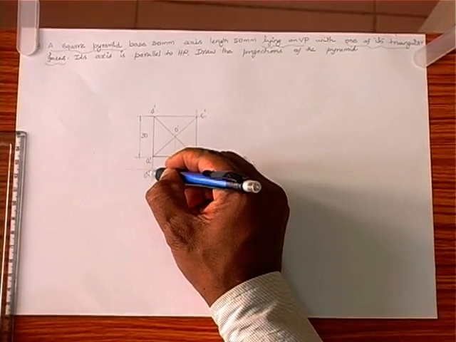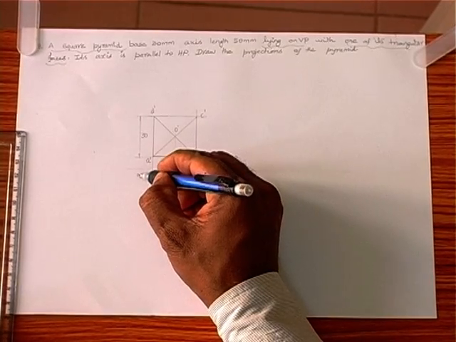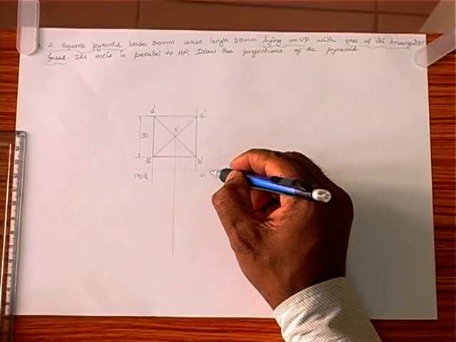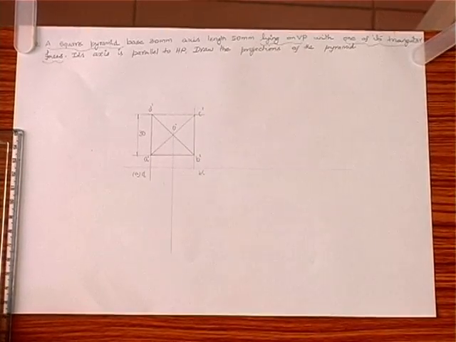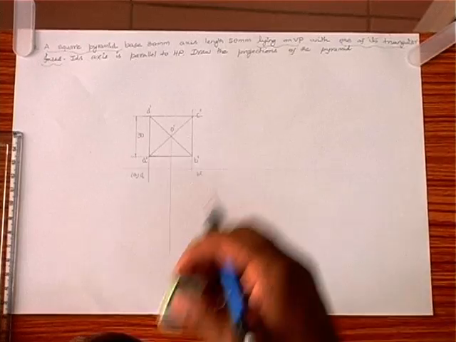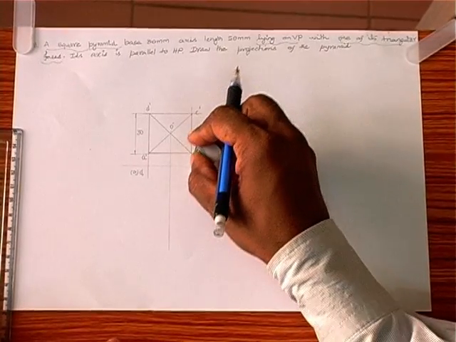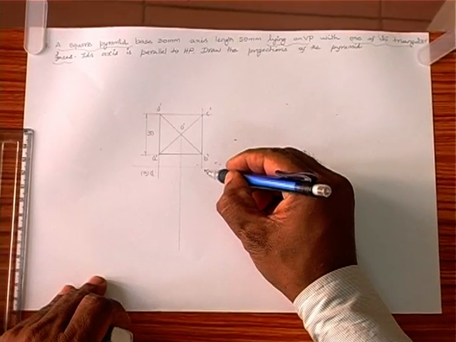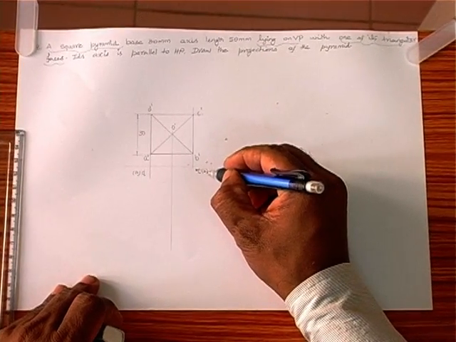Therefore we put D and A within bracket, B and C within bracket. We put D within bracket and C a visible point. So it's C within bracket B.